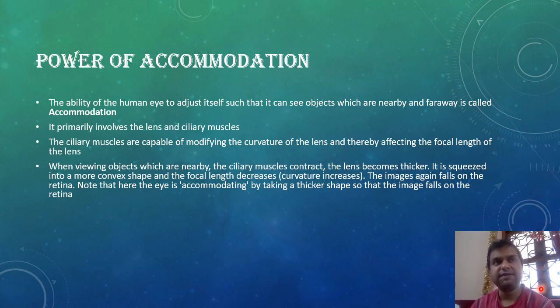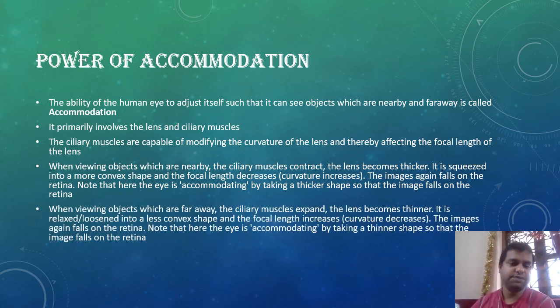See, everything, the image has to ultimately fall onto the retina. Only then will the brain receive the signal and be able to tell us what exactly it is. Accordingly the center of curvature increases or decreases, and if the center of curvature changes, the focal length also will vary with respect to the center of the curvature.